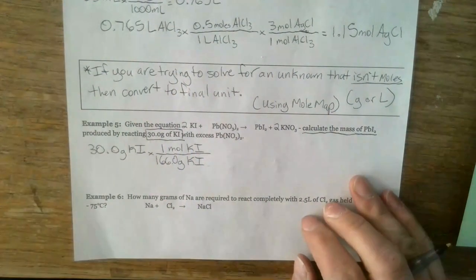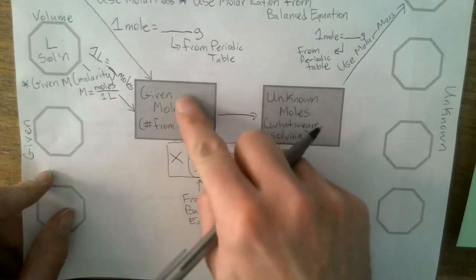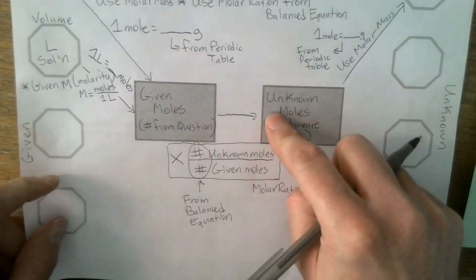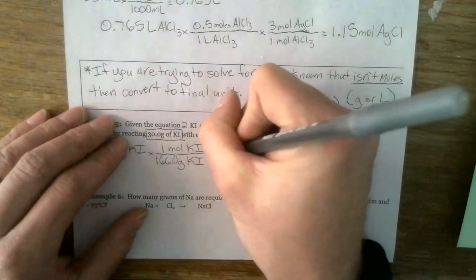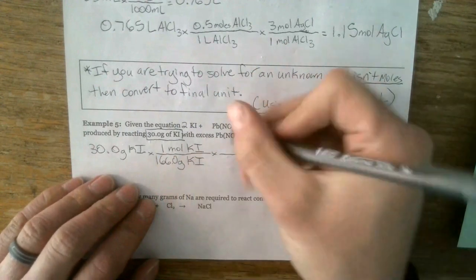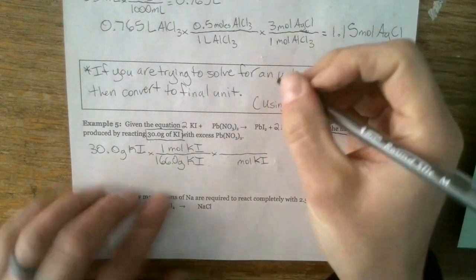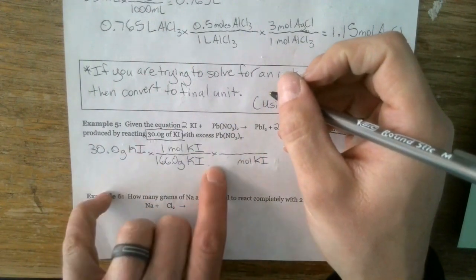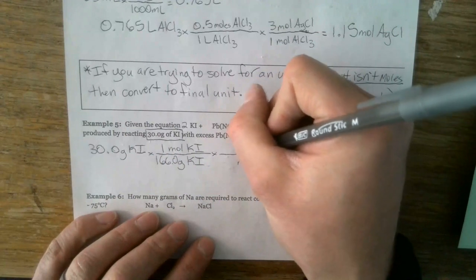Okay. So now we're right here. We're on this little island here. Now we need to get from given moles to unknown moles. So again, same thing. If we're not at our destination yet, whatever unit you have up top needs to be the same unit down below. And then we're trying to get to PbI2.